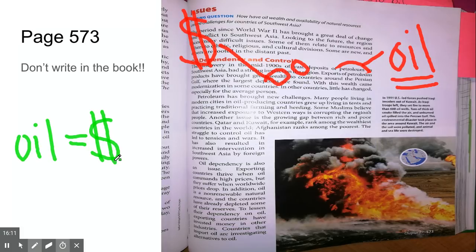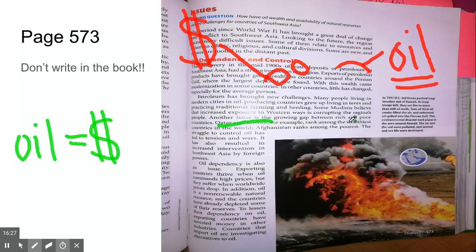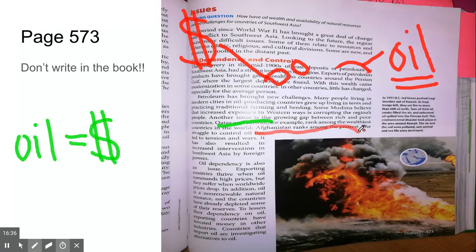So you also see this big divide between the really rich countries that have a lot of oil and the poorer countries that don't. So right here it says Qatar and Kuwait, for example, rank among the wealthiest countries in the world, whereas Afghanistan ranks among the poorest.